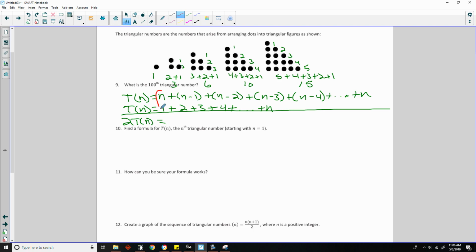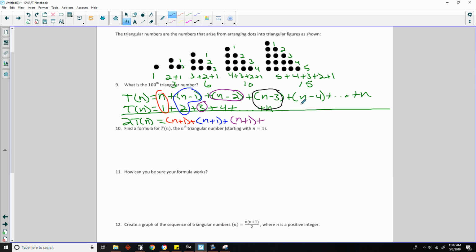So my first term here, N plus 1, plus, let me change colors. Now I'm adding this. N minus 1 plus 2 is N plus 1. And then when I add N minus 2 plus 3, well, 3 minus 2 is 1, that's N plus 1. So I'm going to get N plus 1 every time.